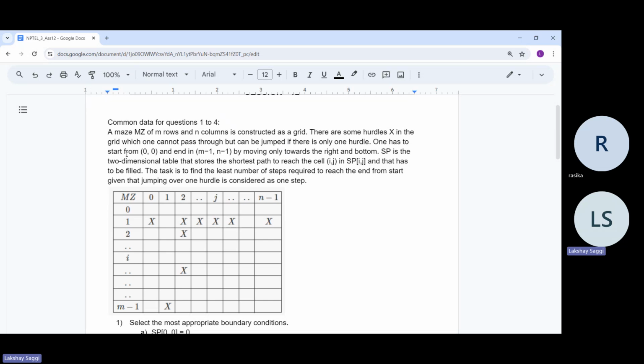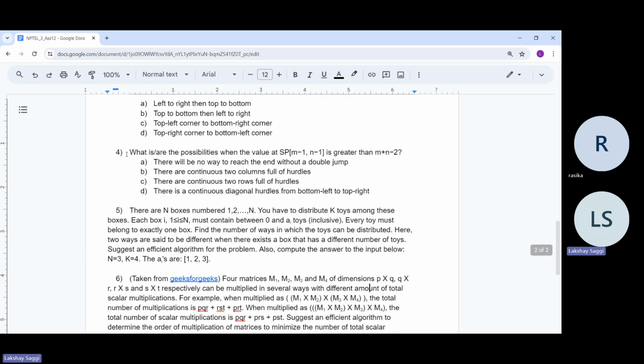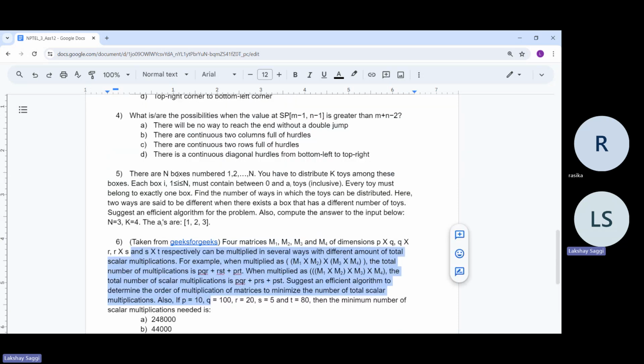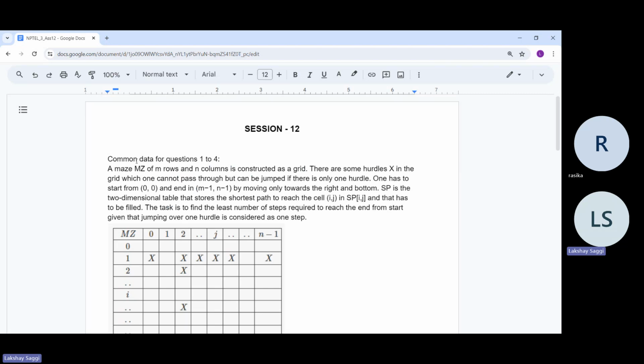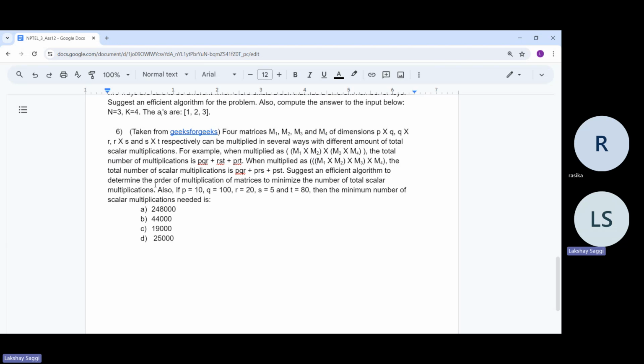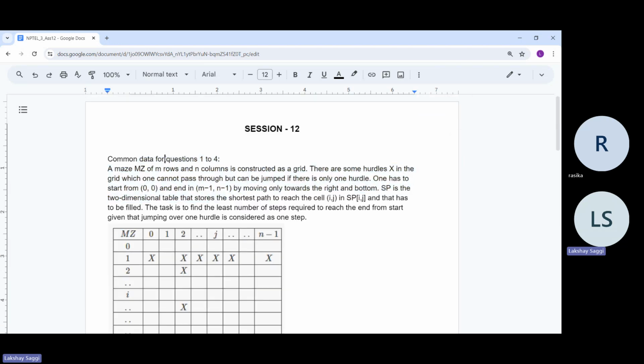So today we don't have a lot of questions. I have prepared three sets of different dynamic programming problems. One of these is from the ungraded assignment which you had, one I have taken from Geeks for Geeks, and there is another problem.